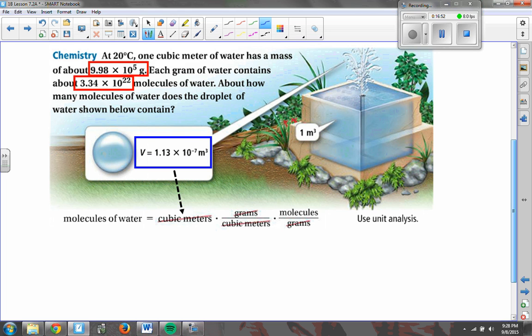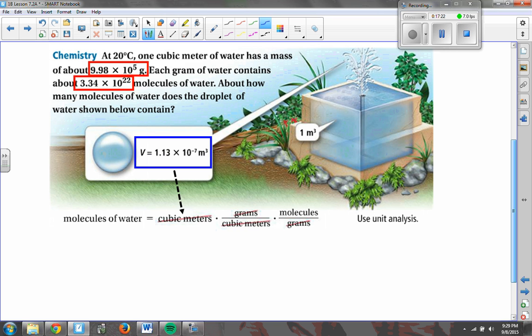So here's what the problem says. 1 cubic meter of water has a mass of 9.98 times 10 to the 5th grams. Then it tells us that each gram of water contains 3.34 times 10 to the 22nd power molecules of water. What they want to know is about how many molecules of water does the droplet of water shown below contain.